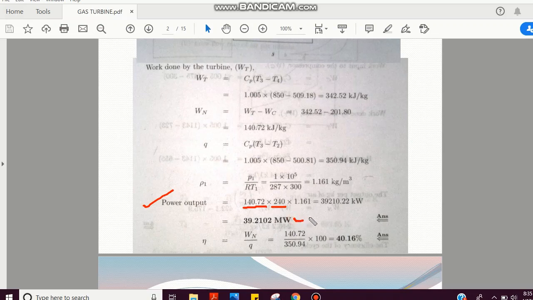Now the efficiency is net work done by heat input. So net work done is 140.72 and heat input is 350.94, into 100. So that becomes 40.16%.